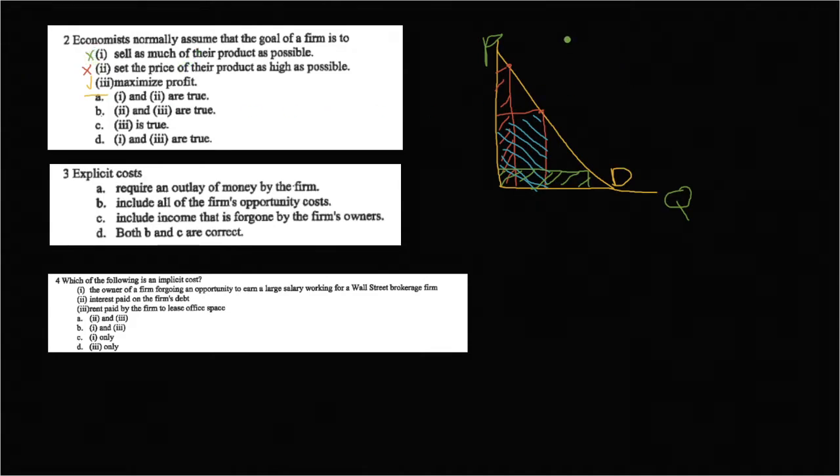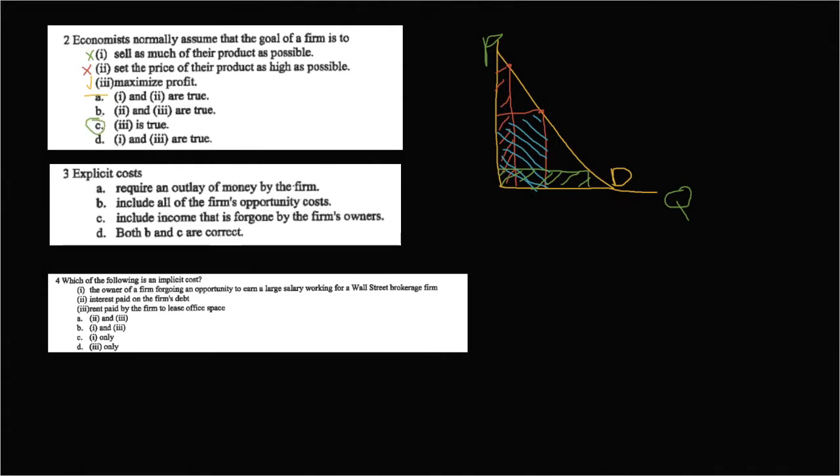The quantity that maximizes total revenue depends on the elasticity of demand here, but a firm will not necessarily try and sell as much or set the prices high. So the answer is C.